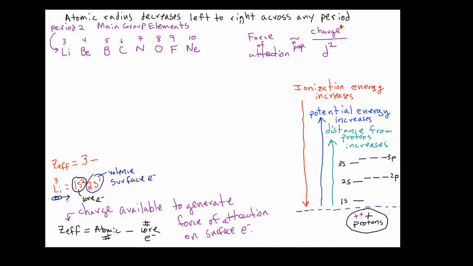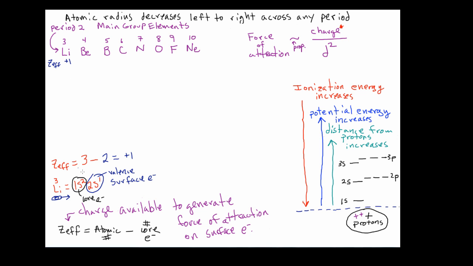Now, that's a pretty loose way of looking at this, and it's not the best way, but it's reasonable for the moment. So the Z effective, the effective nuclear charge available to pull on this valence electron is going to be 3 minus 2 or plus 1. And I'm going to write that number down. So the Z effective for lithium is plus 1.